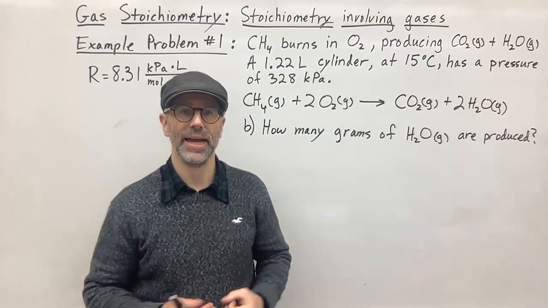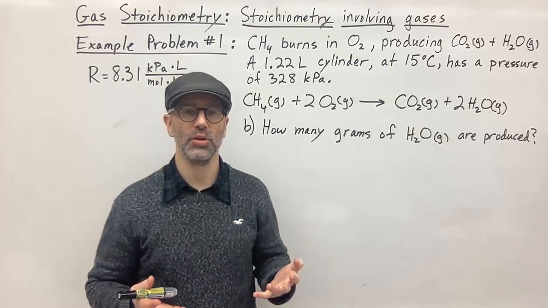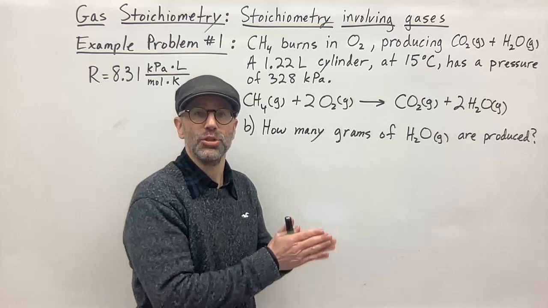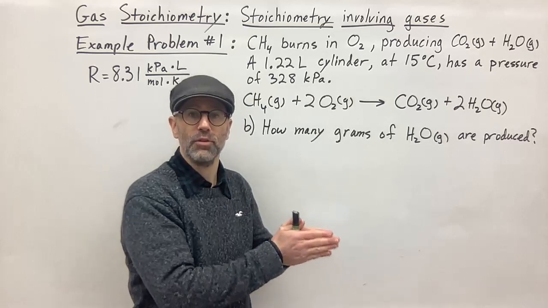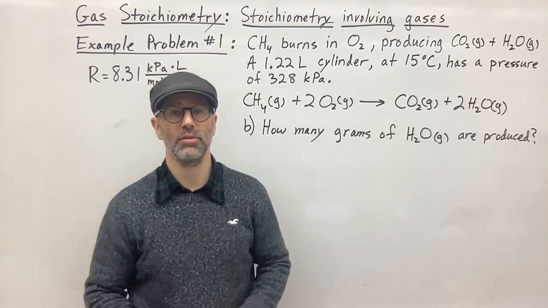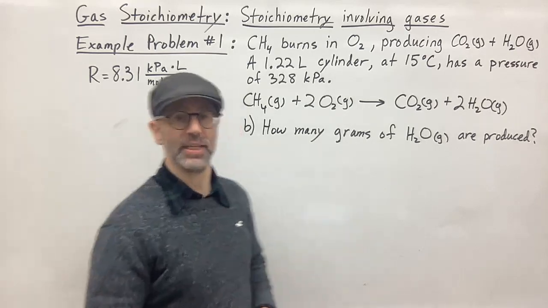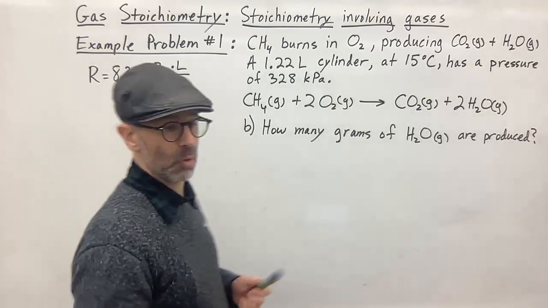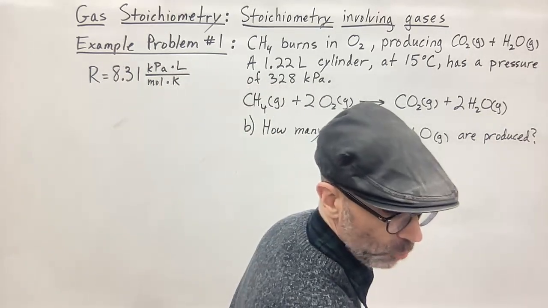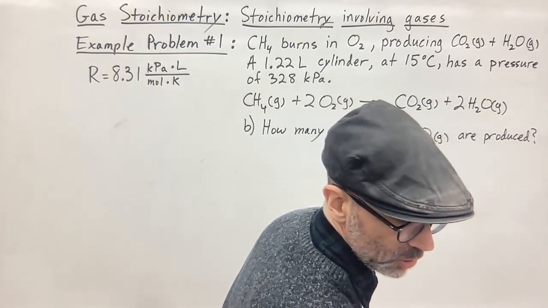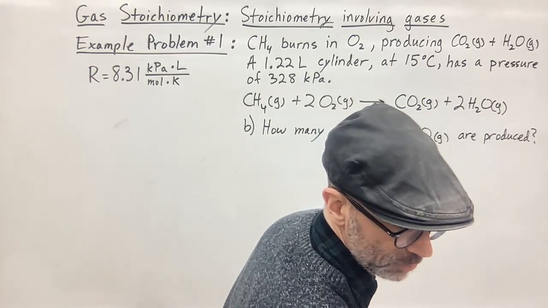So in this case, I can use either one of those to use stoichiometry, normal stoichiometry, to go from moles of one of those to grams of water. So let's get into this. So here, I'll use the moles that I calculated before. So the moles of CH4 that I have.